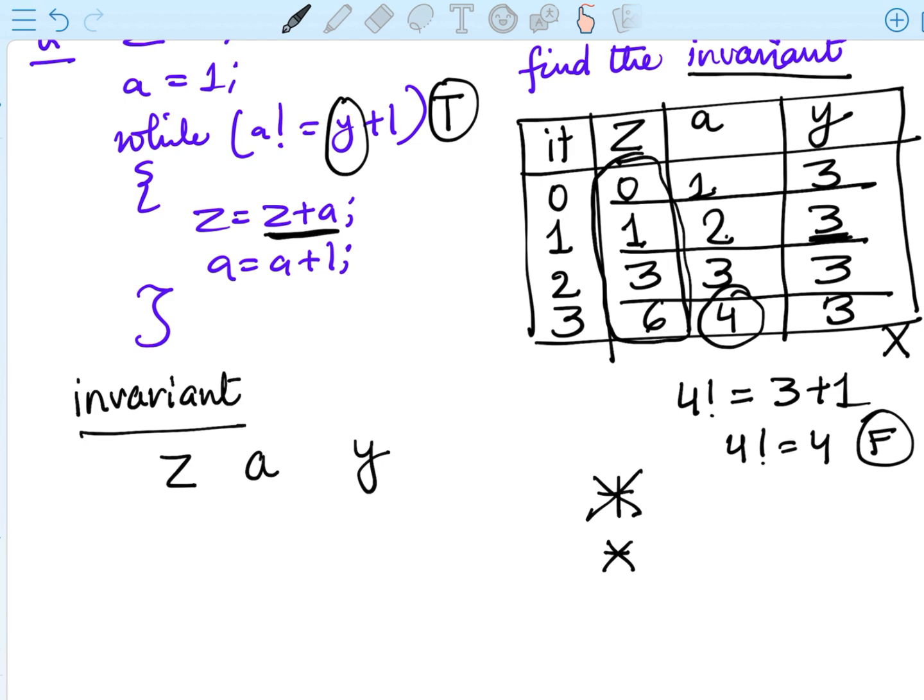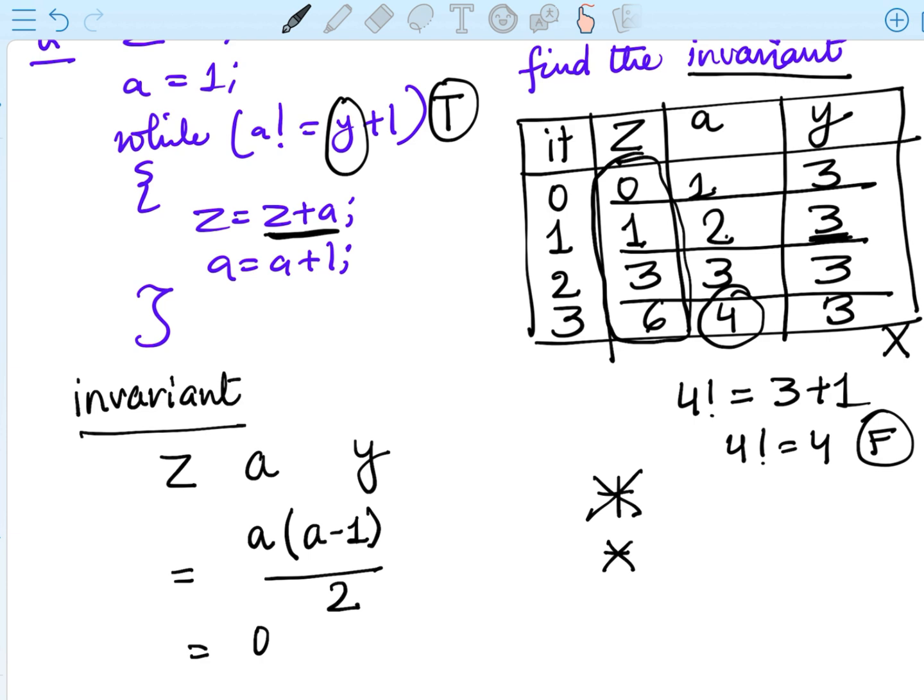So what we do is, whatever is a minus 1 by 2. Let's suppose this is the invariant that we are taking for the testing. So let us put the values. This should satisfy all of them.